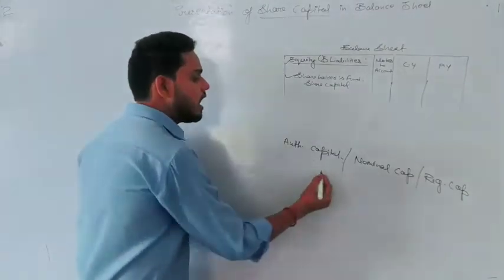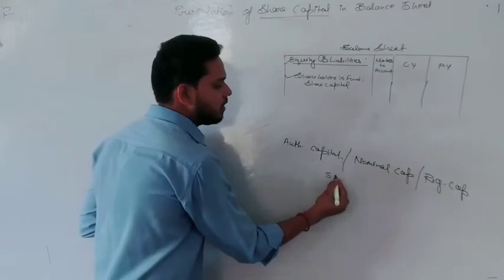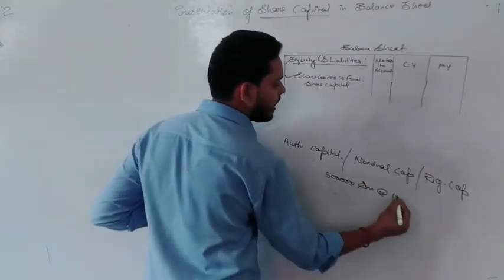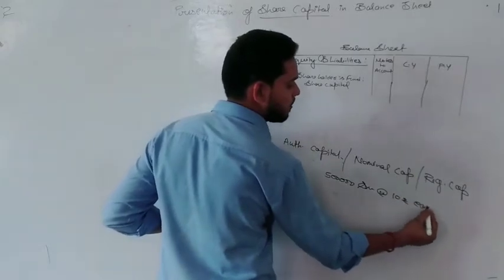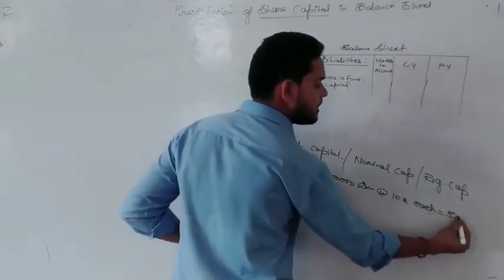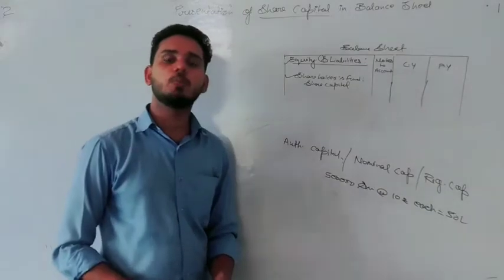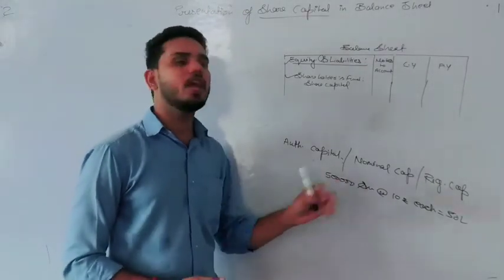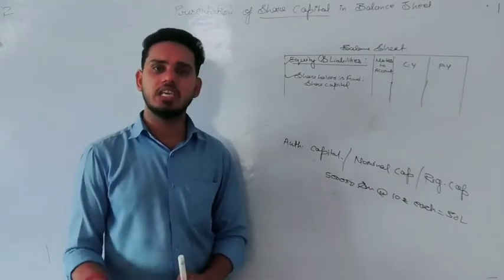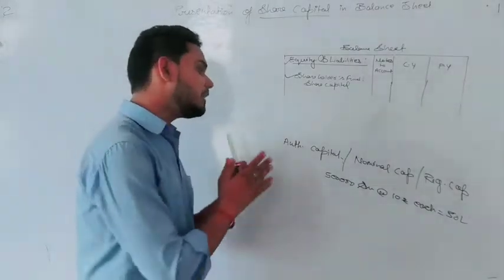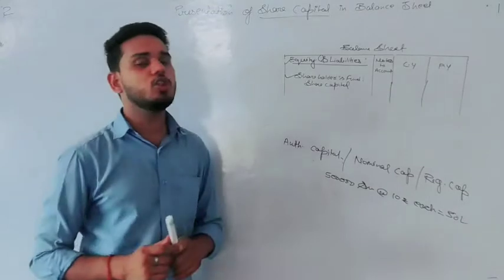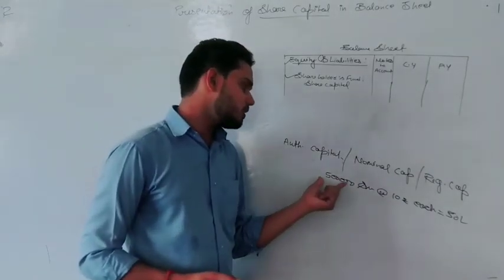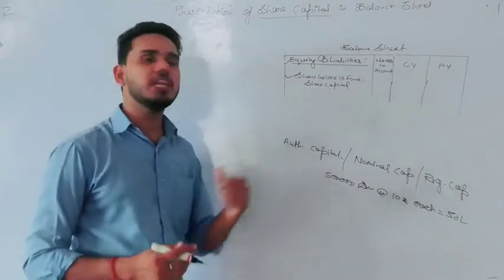This is the capital with which company gets registered. Now let's suppose a company got registered with 5 lakh shares at the rate of 10 rupees each. It means that the company is having 50 lakh rupees of share capital, which is divided into 5 lakh shares of 10 rupees each. Now this is only the registered capital, that's not the actual capital. So from this authorized capital, now company needs some money.